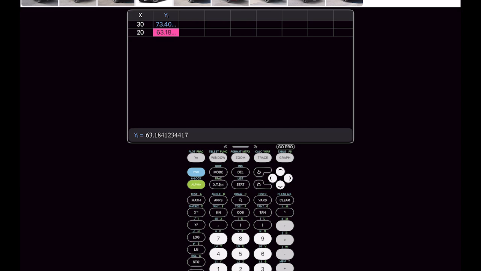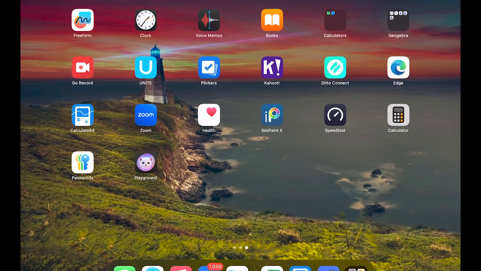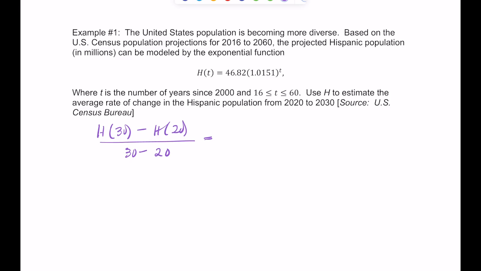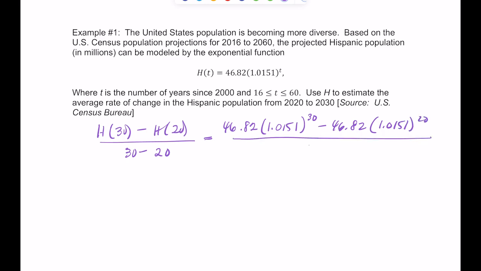So I'm just going to take those and transcribe them over. Here we would have done 46.82 times 1.0151 to the 30th minus 46.82 times 1.0151 to the 20th, all over 30 minus 20, which is 10.